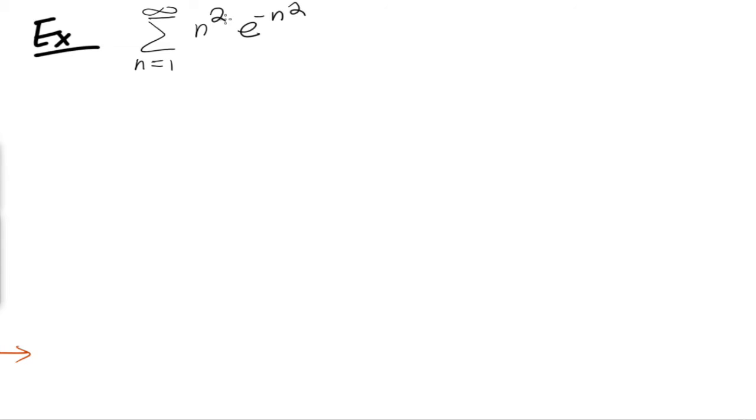So what's the first thing that comes to mind? Rewrite as n squared over e to the n squared. Okay, that's a good idea. So n squared over e to the n squared. Okay. And what do you think about that?